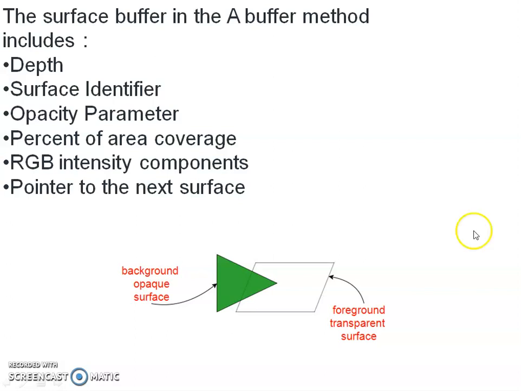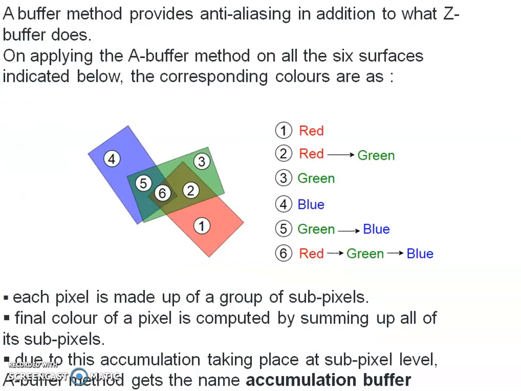In this figure we can see this one is the background opaque surface, this one is the background surface, then this one is the foreground surface, and that one is transparent. The A-buffer provides anti-aliasing in addition to what the Z-buffer does.